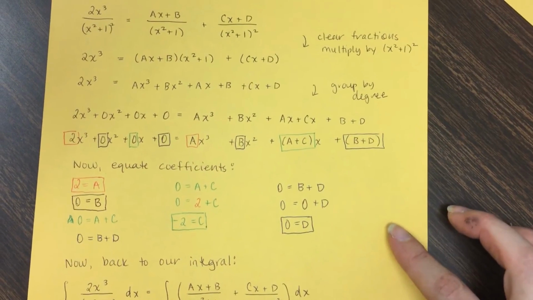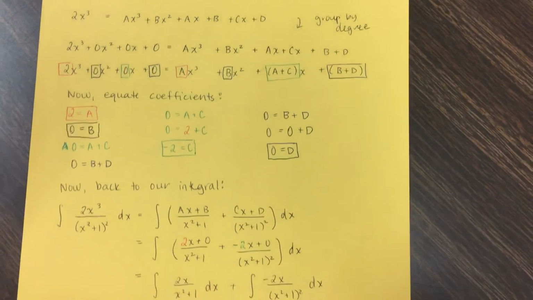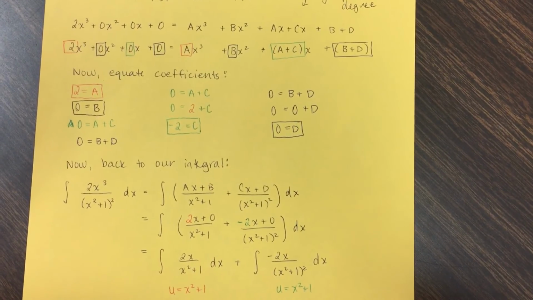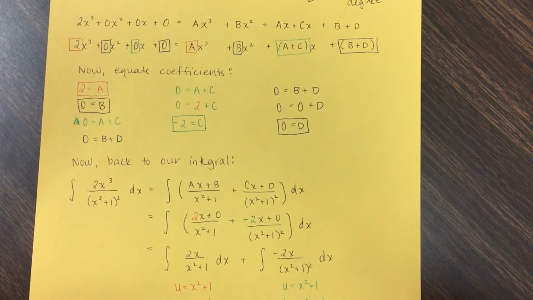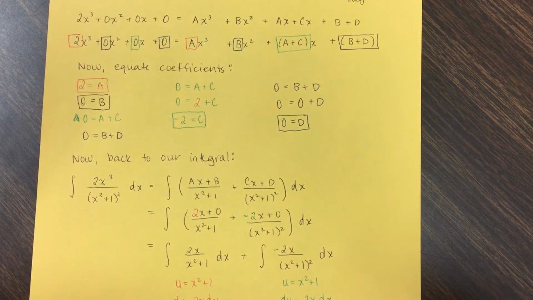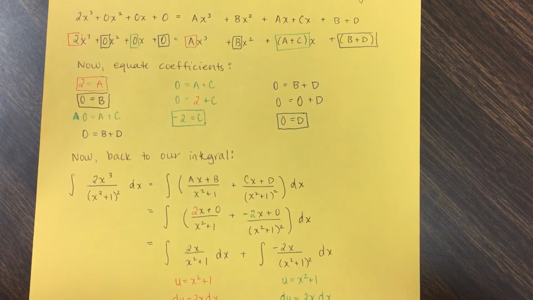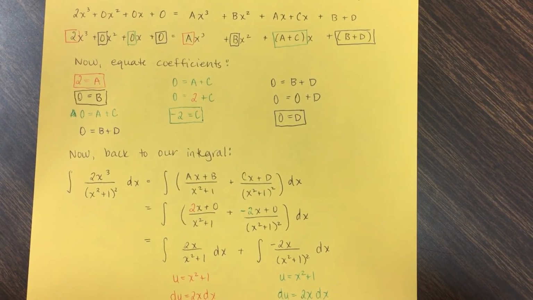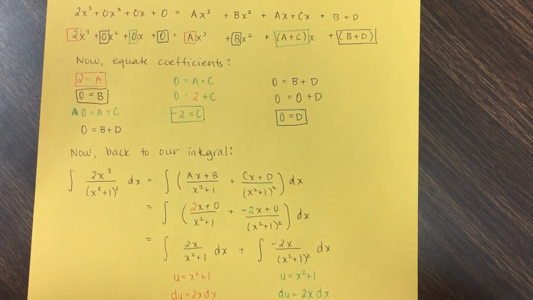All right. So if I go back to my integral, notice the setup, that case 4 partial fraction decomposition. And I'm going to rewrite my single rational expression as the sum of 2 rational expressions. I plugged in the coefficients I just solved for, a, b, c, and d.